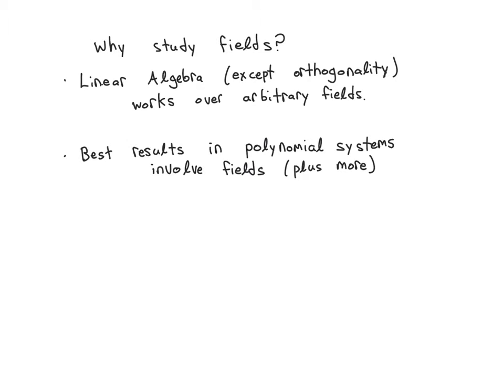So in that class, usually the field is always assumed to be R or C, but it turns out all the theorems from linear algebra, except the stuff involving dot products, actually make sense for any field.